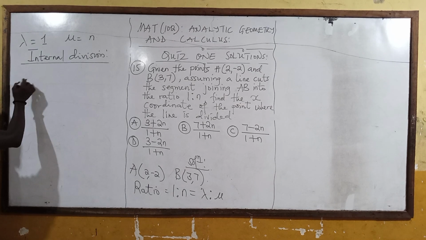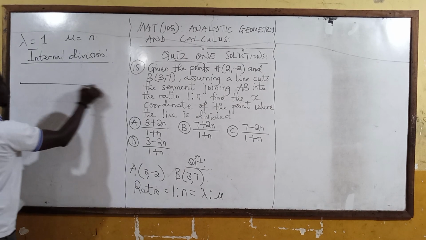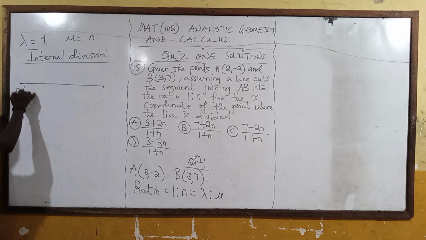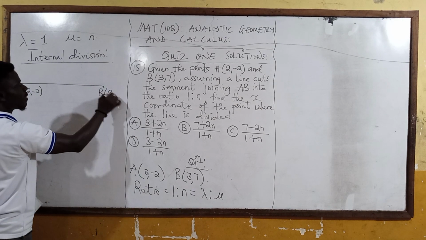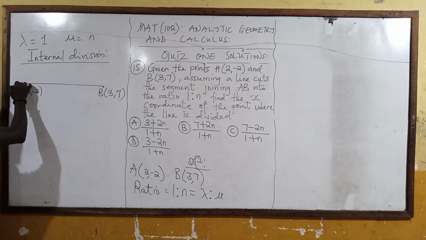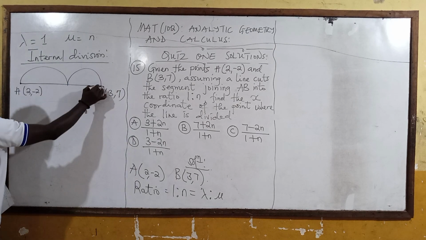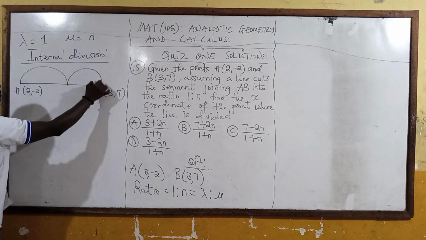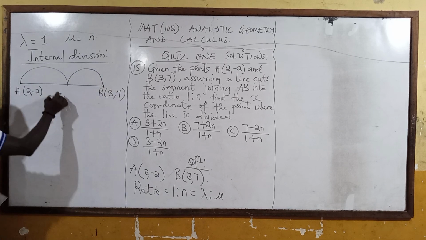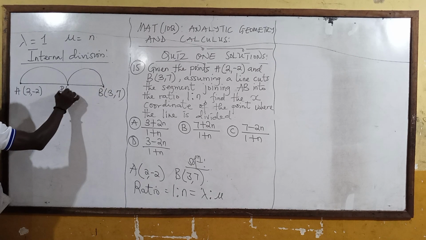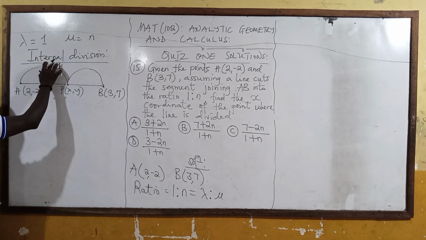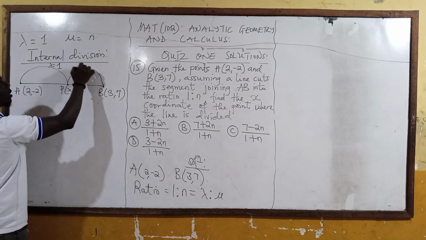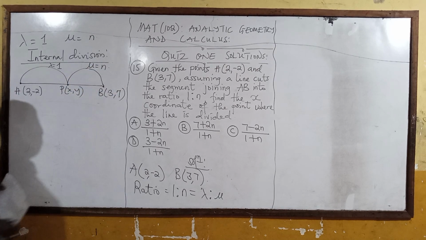So now let's see. We have the internal division. I have my point A here, (2, -2). I have point P here, which is (x, y). So lambda equals 1, then my mu equals n.